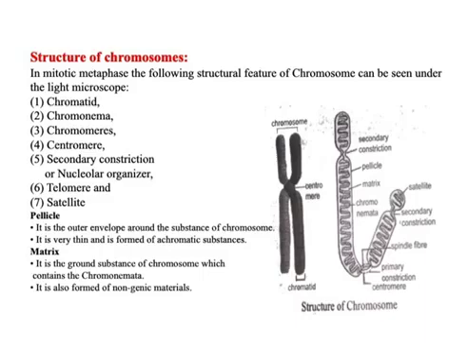And the structure of the chromosome has so many parts. The chromatid is a single-layered, single thread-like structure of the chromosome. There are the chromatid, chromonemata, chromomeres, centromere, secondary constrictions, telomere and satellites.